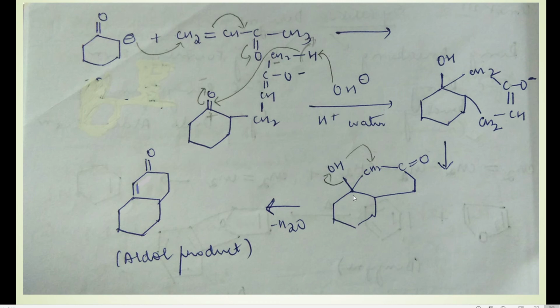So this will have a plus charge, this will have a minus charge. So there is a bond formation because of this minus charge, one more bond formation between this carbon and this carbon, that is seen as a double bond here. So the final product that you get is the aldol product.